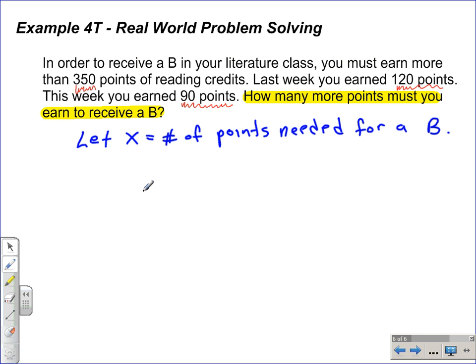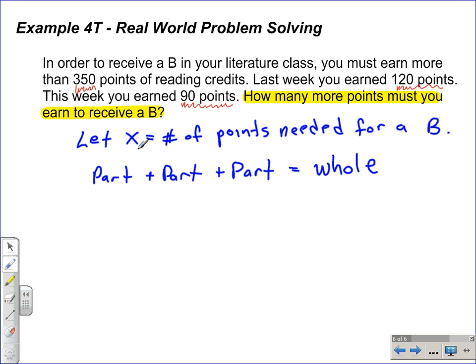So to develop this equation, in essence, it's parts plus parts plus parts is equal to the whole. As I said, we're not going to be using an equal sign in our inequality, but for all intents and purposes, it's a part-to-whole relationship. 3 parts being added give us the whole.